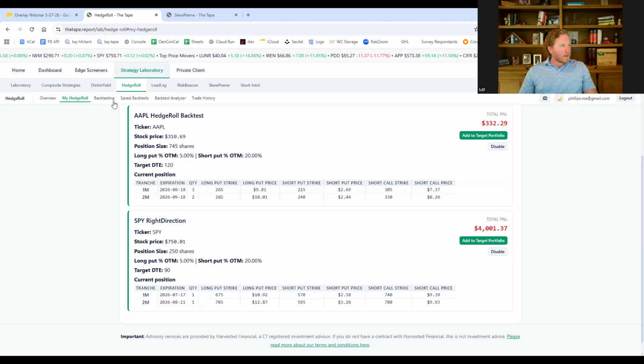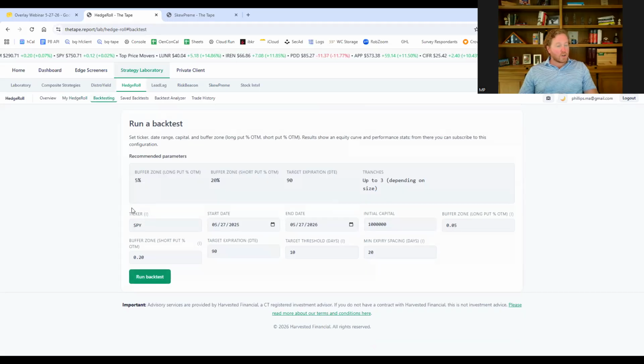But if you're interested in back testing a new strategy, and I can't emphasize how important this is, if you're thinking about getting into a hedged equity strategy or a SkewPreme strategy, run a couple back tests. Decide what parameter is going to make sense for you. But even if you don't change any of the parameters, get an idea about what they are going to look like, how they're going to behave over time.